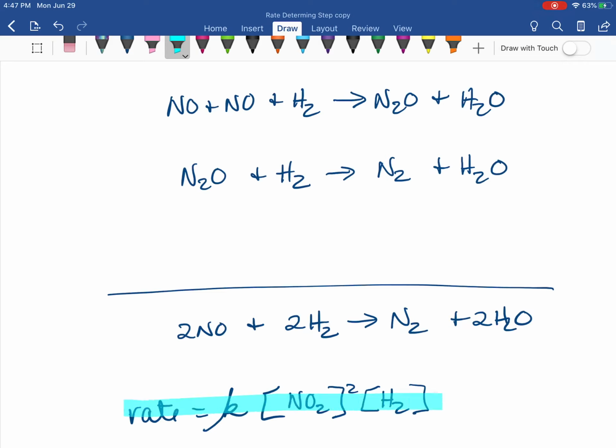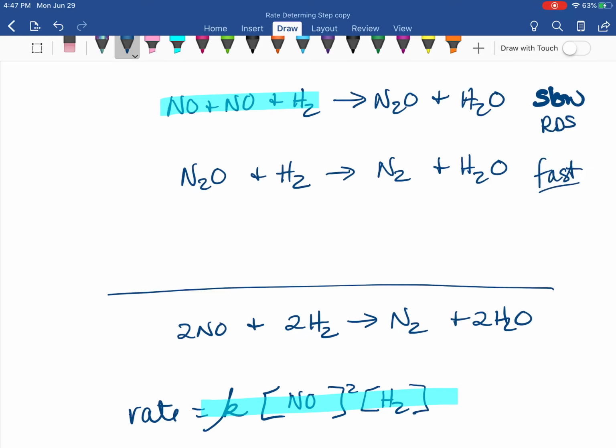Okay, the slow one has to match this. So we'd have to have 2 NOs. Okay, let's just go ahead and correct my own. There's no 2 there. Okay, we have to have 2 NOs and an H2 right there. This has to match. And this will be your slow step. That is your rate determining step. Everything else is fast.